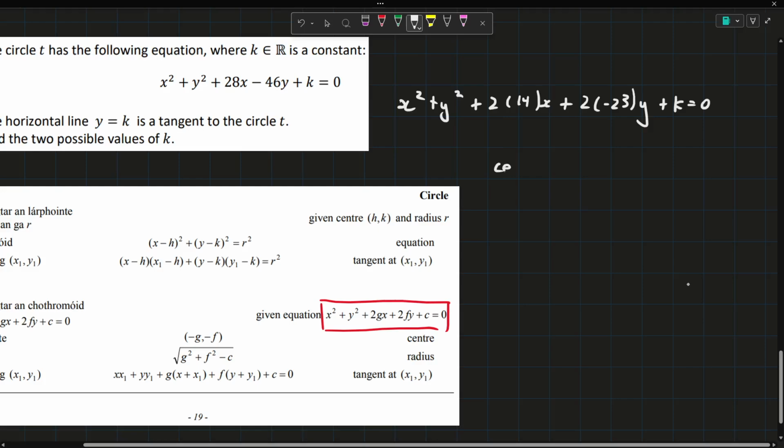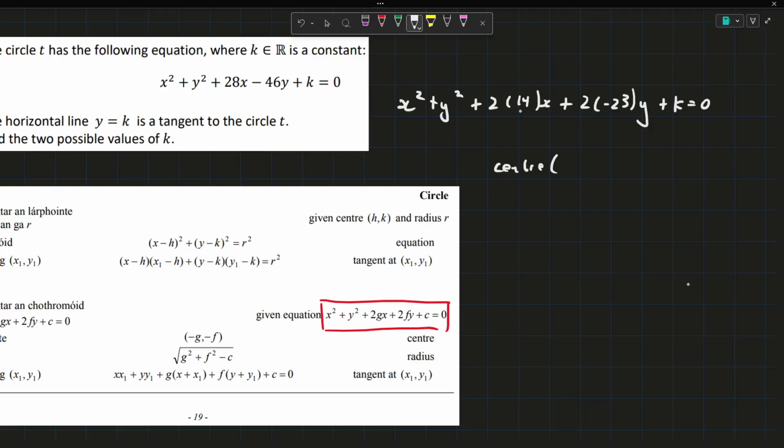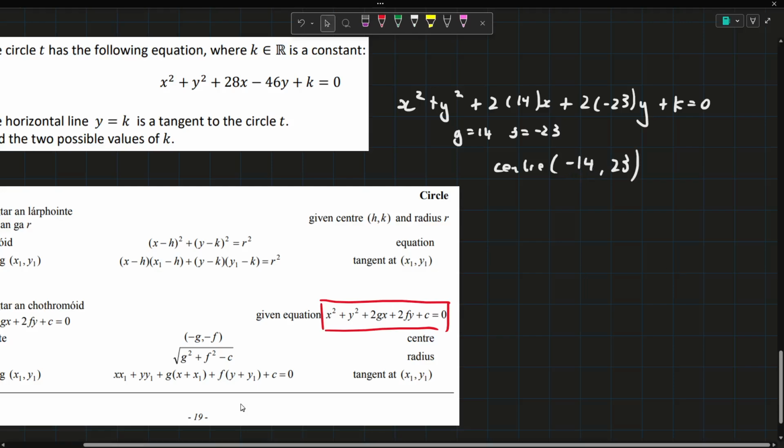So our center is minus g, minus f. Clearly here, g is equal to 14, and f is equal to minus 23. So minus g, minus f will be minus 14, positive 23 as our center.